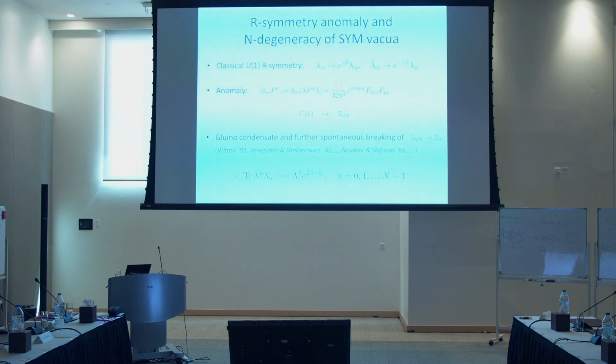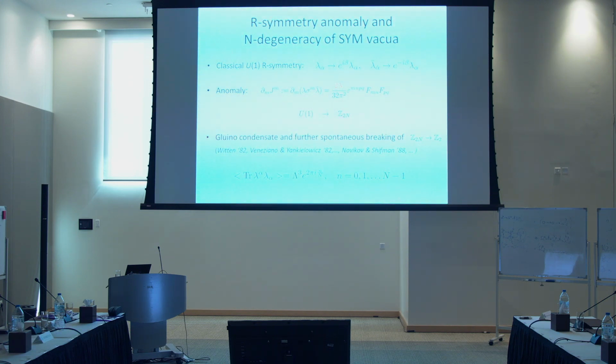But here we are dealing with the adjoint representation, with the fermions in the adjoint representation. So there is this factor 2n, and this means that U(1) is not broken completely, but it is broken down to the Z_2n discrete subgroup.